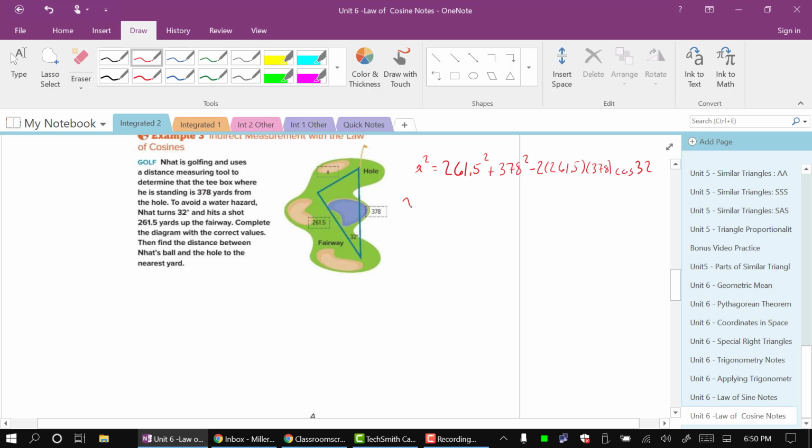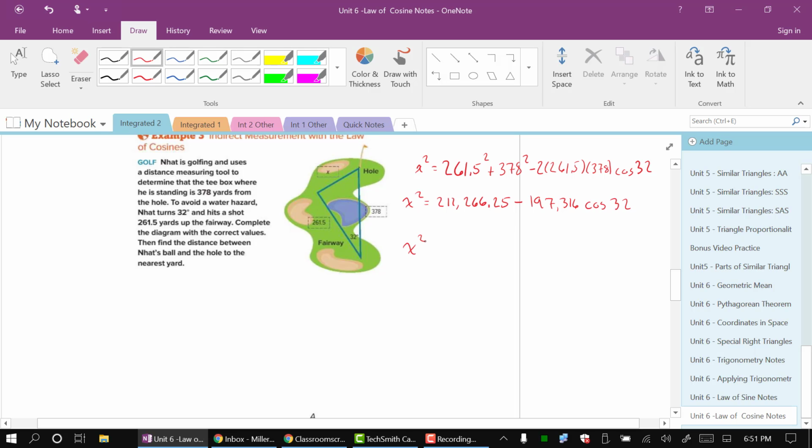That gives me x squared equals 211,266.25 minus 197,316 cosine 32. So take the square root of all that.